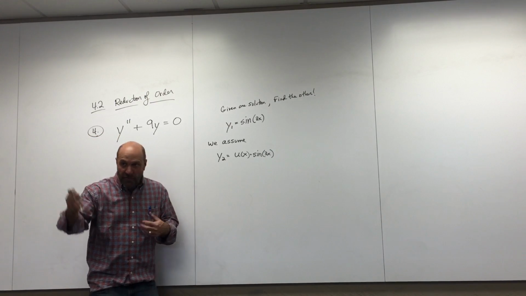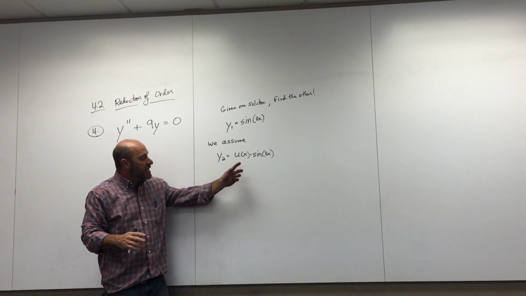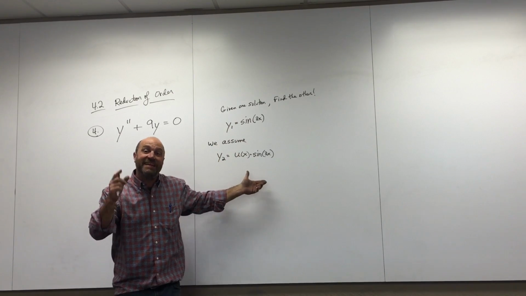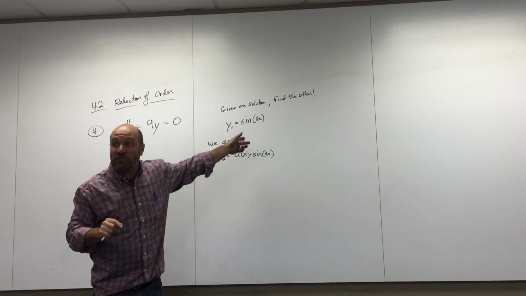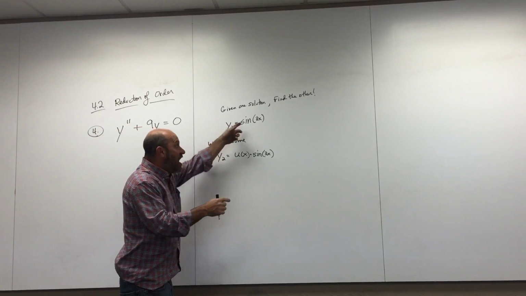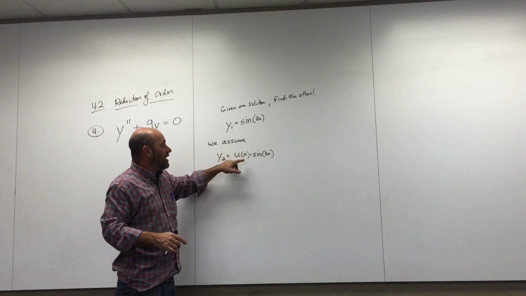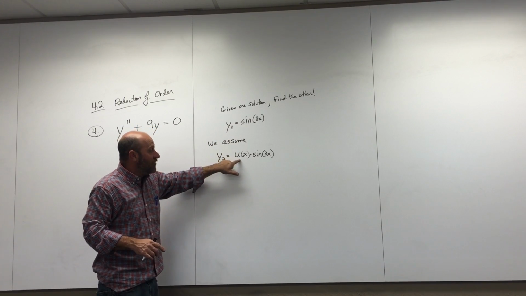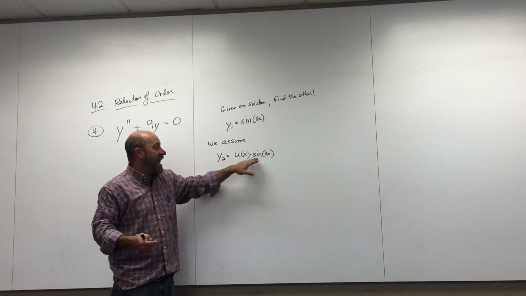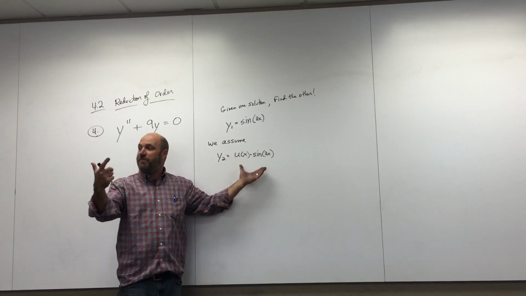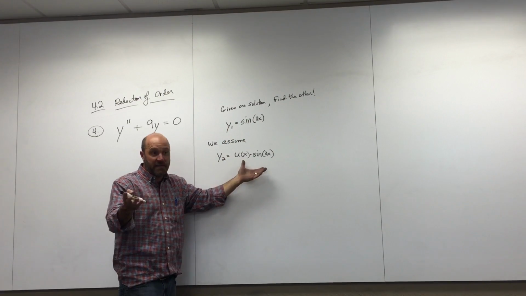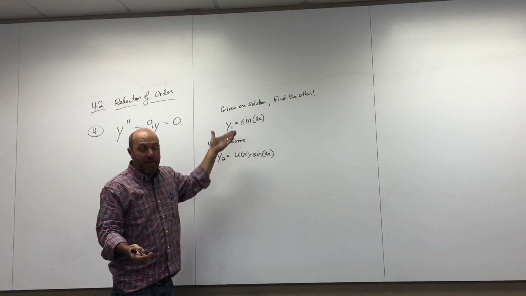One of the things we learned the first 45 minutes, an hour here, is that if there is going to be a second solution, it's going to be linearly independent from the first solution. So it's not a constant multiple. That's why I called this a function of x. Like maybe this is an x sine 3x, which would make it independent from that guy. Maybe it's x squared sine x, which makes it independent from that guy.